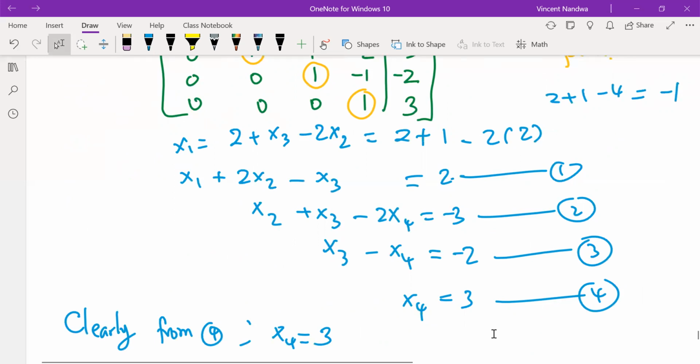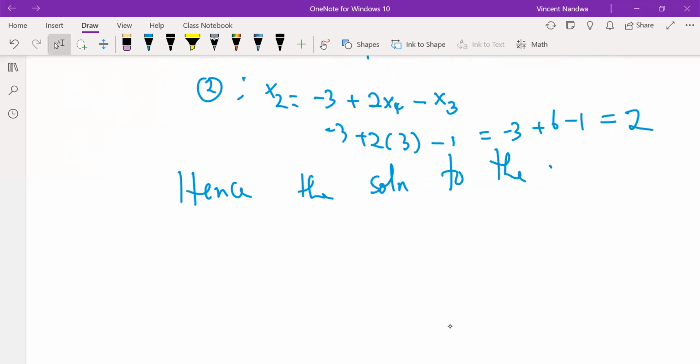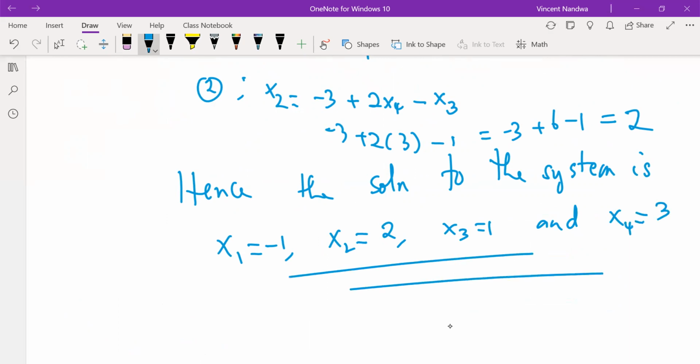So therefore, x1 is minus 1. Hence, the solution to the system is x1 is minus 1, x2 is 2, x3 is 1, and x4 is 3. That's how we solve that given question.